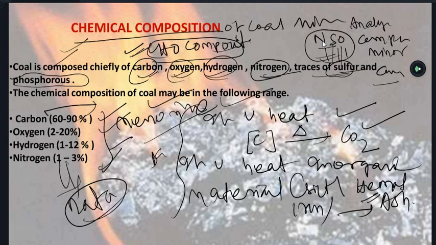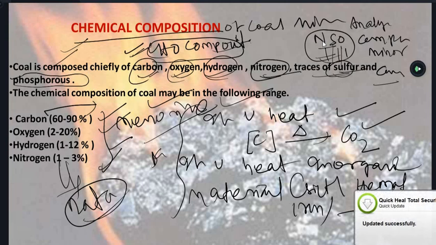In it, CHO compound analysis is done. You will find the data set of the CHO compound. You will get a minor amount of NSO compound. So this is all about the analysis part I am talking about. Nitrogen is major, but the analysis done in the lab is called NSO analysis and CHO compound analysis. That is what I am talking about.